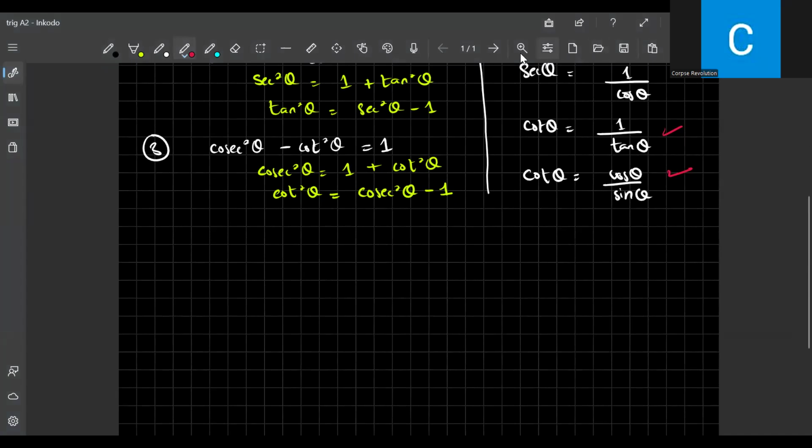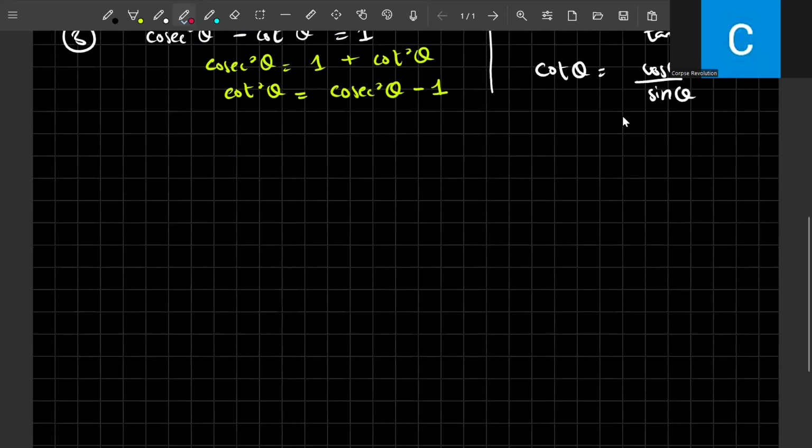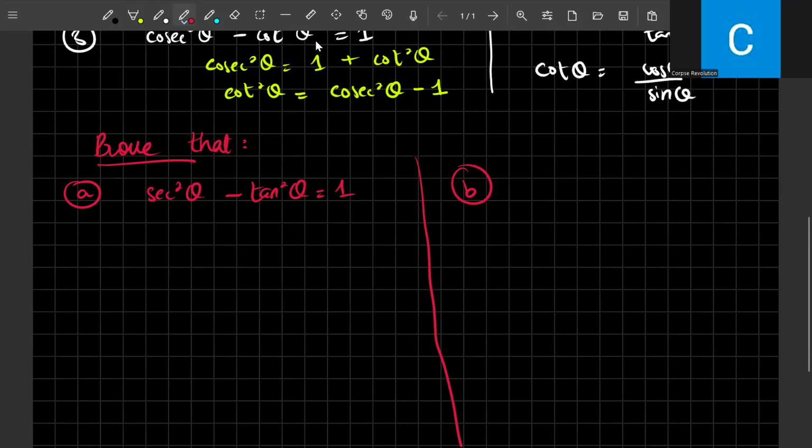So we have a question which says, prove that a, sec square theta minus tan square theta is equal to 1, and b, cosec square theta minus cot square theta is equal to 1.